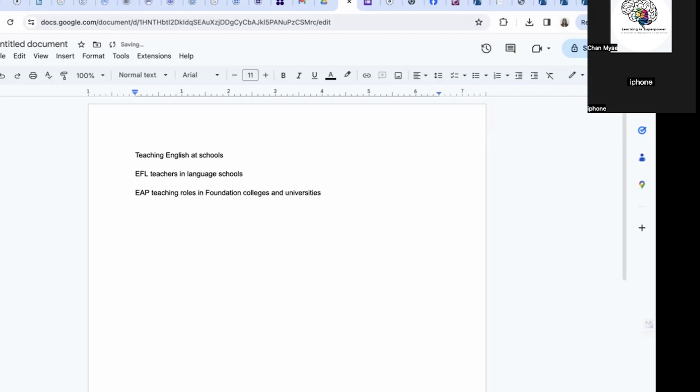Then lecturer roles in linguistics, TESOL, etc. Then ESOL lecturers in further education. So basically, there are 5 different roles that are available in the UK that we know of.